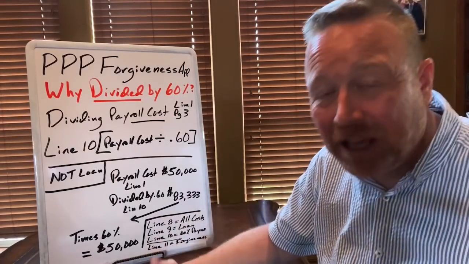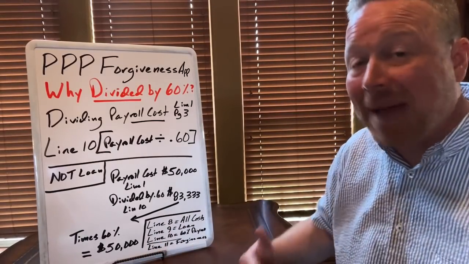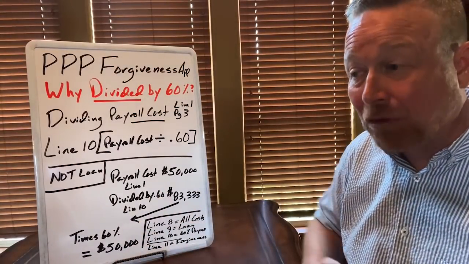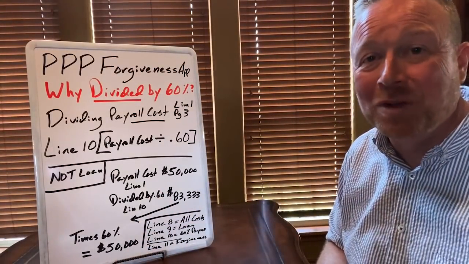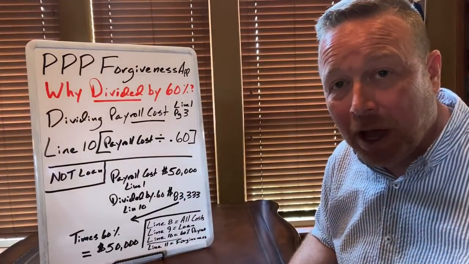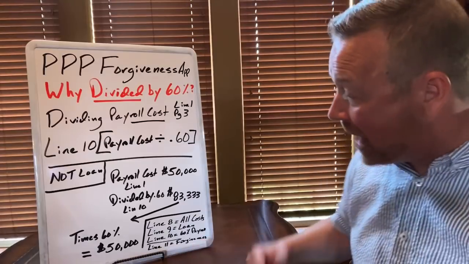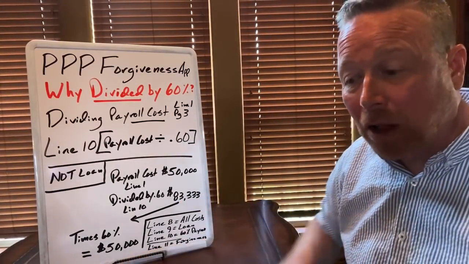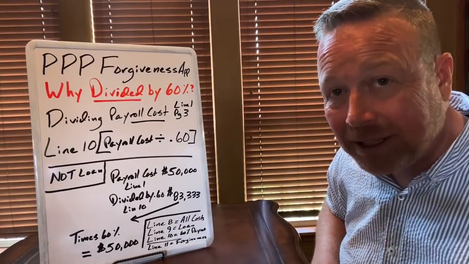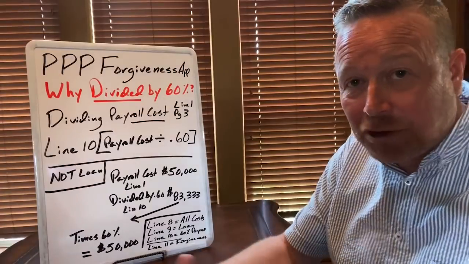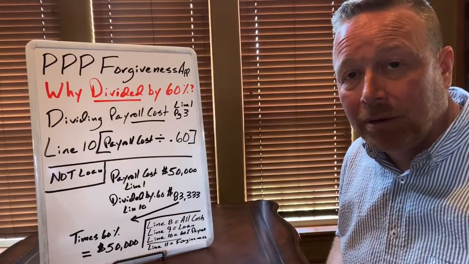It doesn't matter that you spent $100,000. What matters is you only spent $50,000 on payroll costs. Therefore, the max loan forgiveness you get would be $83,333. You're like, well, that would mean that you could have $33,333 in rent and utilities, $50,000 in payroll cost in this example. That's your forgiveness amount.